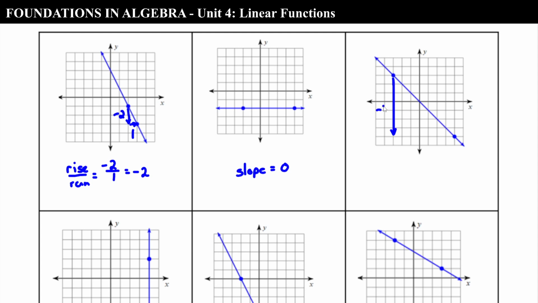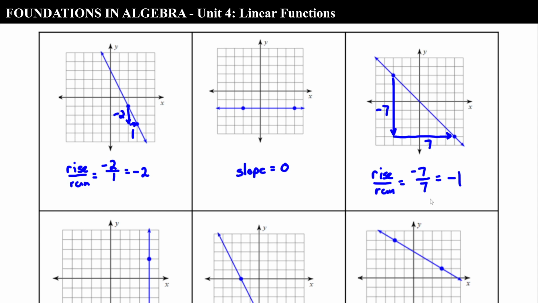So that's negative 7. And then we're going to go to the right. 1, 2, 3, 4, 5, 6, 7. This is also 7, but this is positive 7 because we went to the right. So you've got rise over run. So our rise is negative 7. Our run is positive 7. So we have a slope of negative 1.